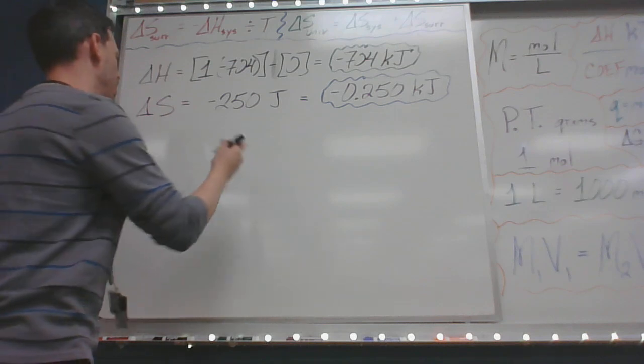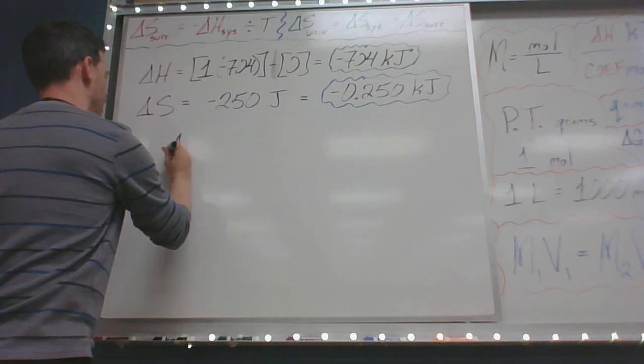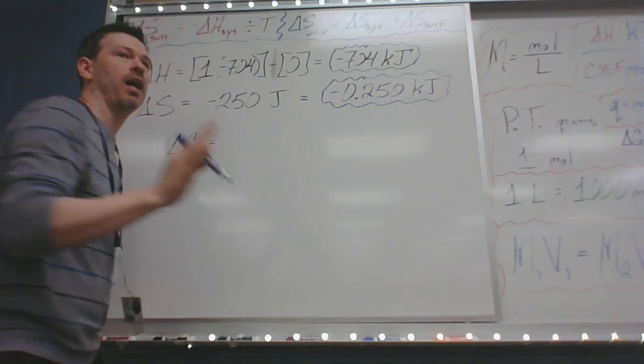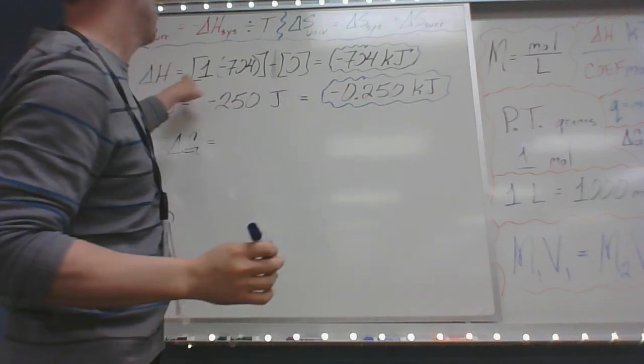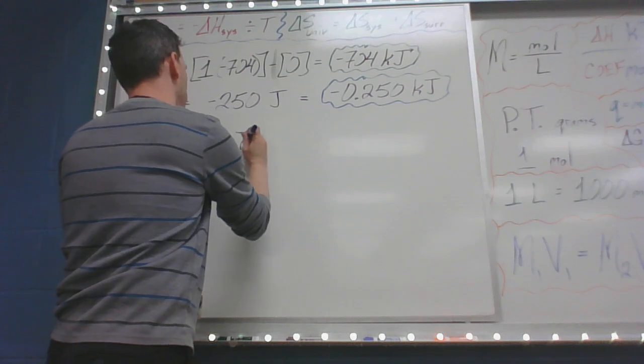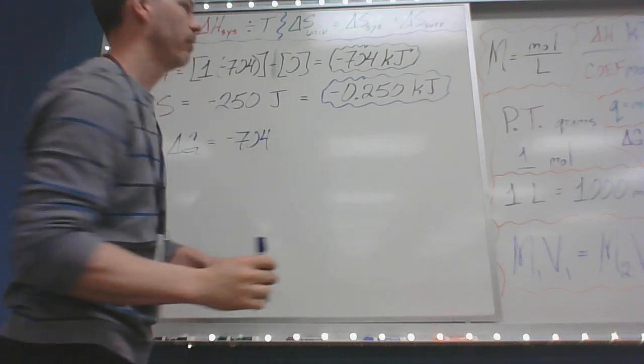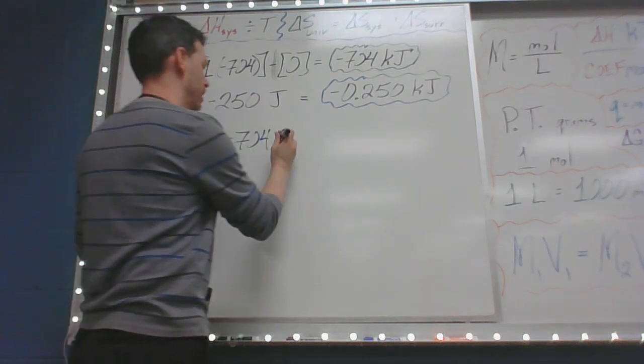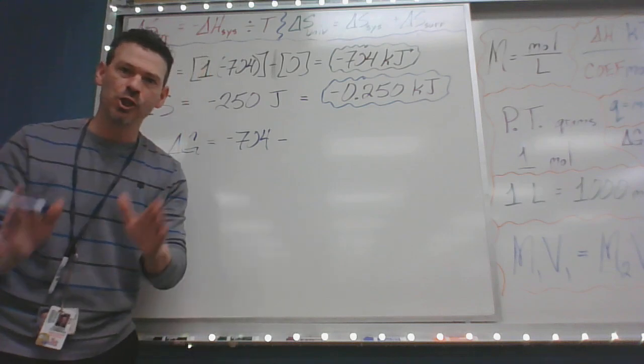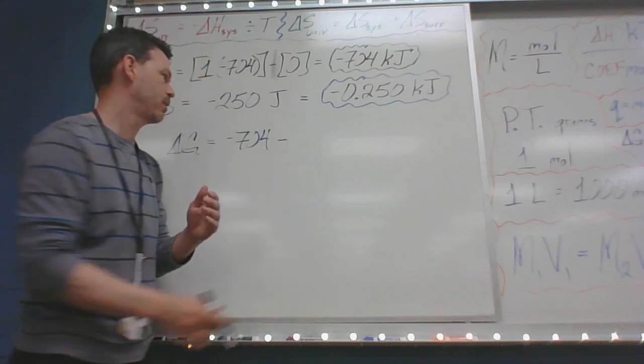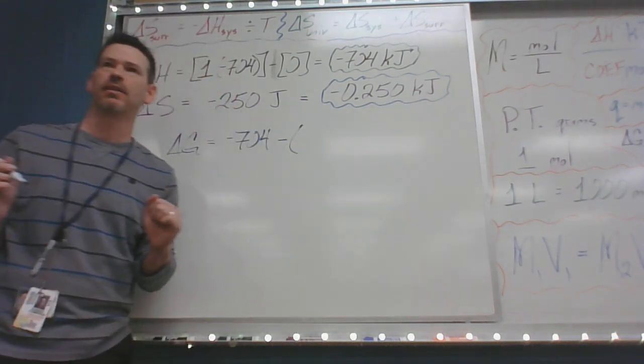Now we can find the Gibbs. Plug and chug ghetto homies. The delta H value is negative 704 minus the temperature times delta S. So I'm going to put them in parentheses for math reasons.